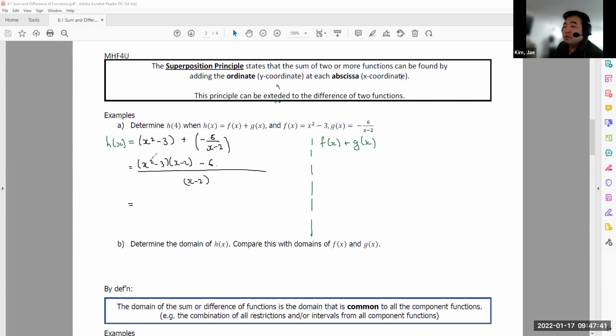So the numerator becomes x cubed minus 2x squared minus 3x, and then plus 6 minus 6. And there we go.